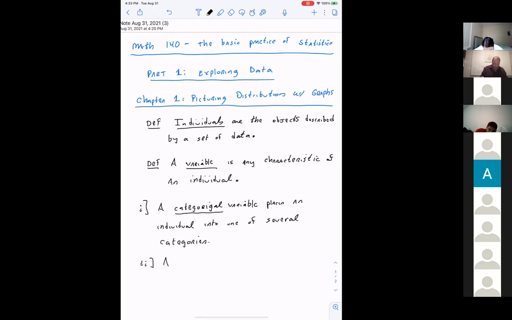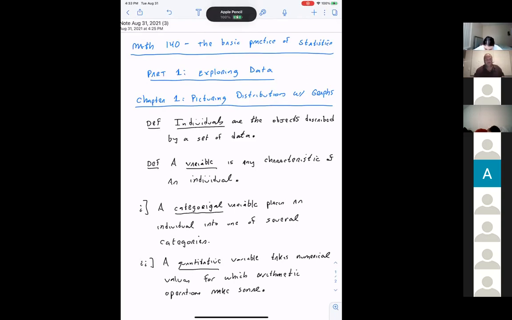Whereas a quantitative variable takes numerical values for which arithmetic operations make sense.